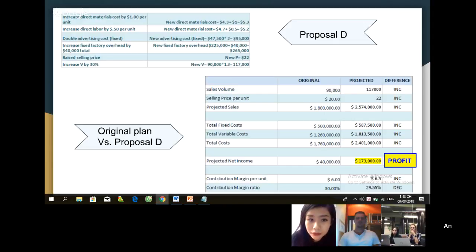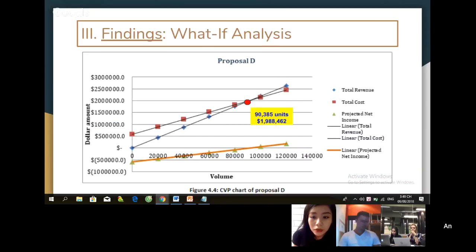Regarding such increase in the total costs, however, sales still exceed expenses thanks to the increase in both price and volume, resulting in the improved profit of $173,000. Although the contribution margin per unit has increased, the contribution margin ratio of the price per unit decreases, meaning that remaining sales to cover fixed costs after extracting variable costs actually decreases in terms of proportion.